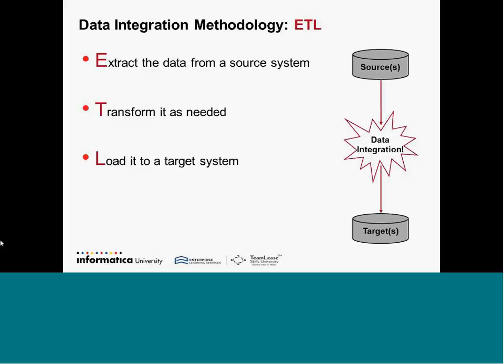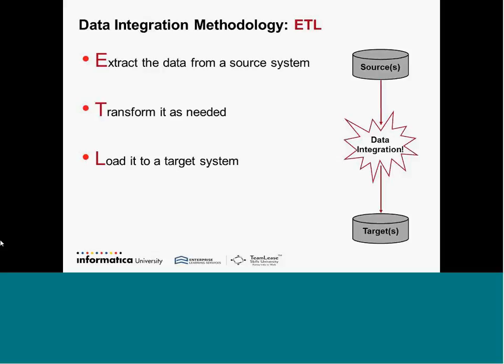So the requirement is that we are expected to extract the sex with an integer data type. We need to transform this integer type to a string type, which was expected by the target system in an attribute called gender. So we are extracting 0 and 1, transforming it to a string type, male and female, according to the business requirement, and loading it into the target system because the target requires the value in terms of gender.